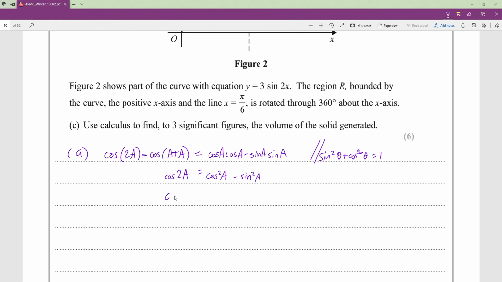So cos 2a could in fact be written as 1 minus sin squared a minus sin squared a, or cos 2a is 1 minus 2 sin squared a. And finally, by adding 2 sin squared a to both sides and taking cos 2a away from both sides, we swap them round as to which side of the equation they're on, and we get the identity we were trying to prove. 2 sin squared a is equal to 1 minus cos 2a.